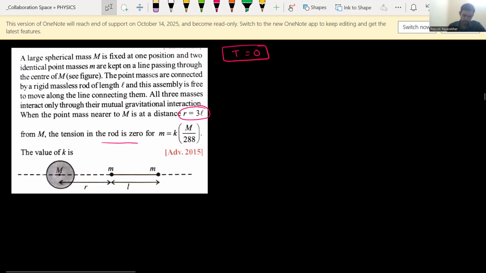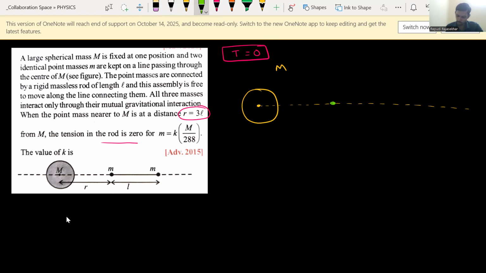Okay. Let me draw a simple diagram here. Let us take a spherical object. Its mass is given as capital M, and this is the center, and here two particles are also arranged along the given line. So let us consider this is the first particle, with mass small m, and this is the second particle, its mass is also small m. One is a spherical object with mass capital M, and the remaining two are particle masses only, the masses are the same, small m.